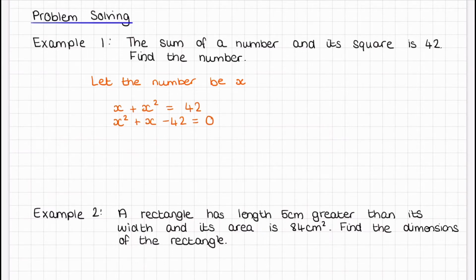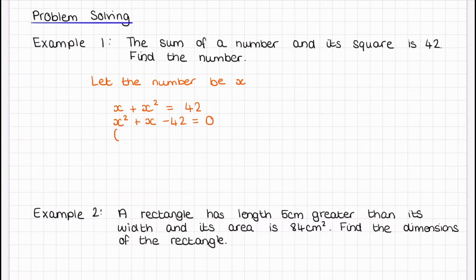Now here we've got to think about how we're going to solve this. To solve this one, we can either do factorisation, completing the square, or the quadratic formula, take your pick. I'm going to do factorisation because I can see that we will be able to do that. So I want two numbers that multiply to get negative 42 that will add to get 1, and I will find that they are negative 6 and 7.